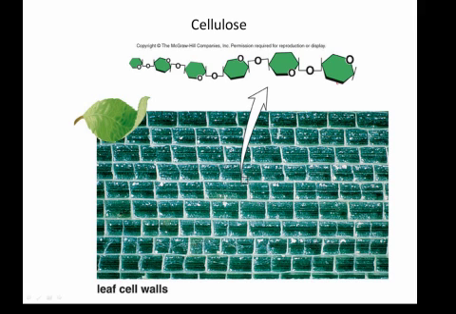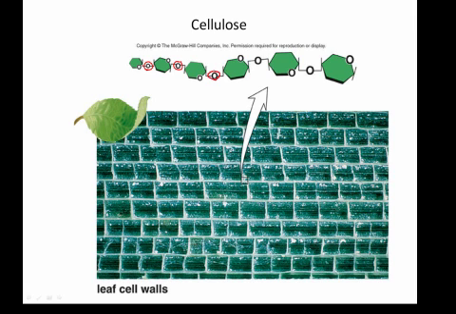Now, if you look at this closely and compare it back to the starch, you will notice that the orientation of the bonds between the individual glucose molecules is different. Here in the cellulose, the oxygen between the glucose molecules alternates: one's up, one down, one up, one down.